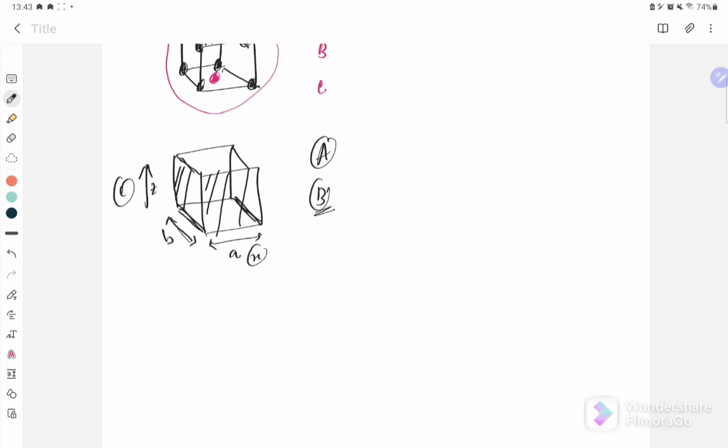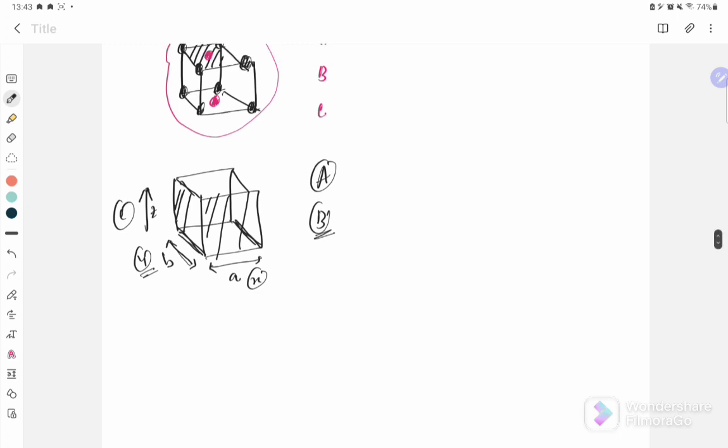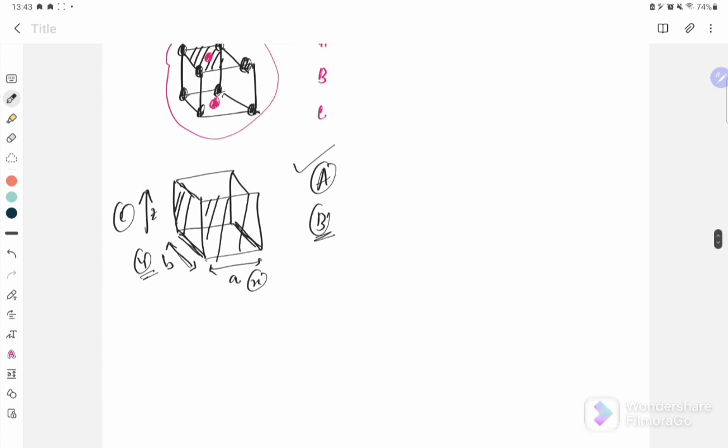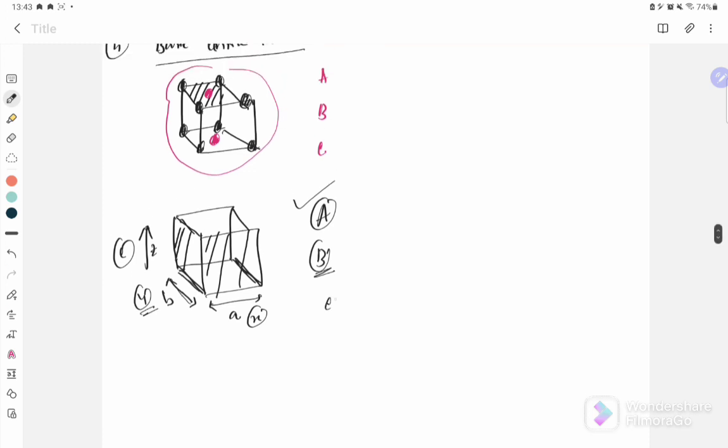If the faces perpendicular to the x direction have the atom, we call it A base, for the y direction it is B, and C is for the surfaces along the z direction.